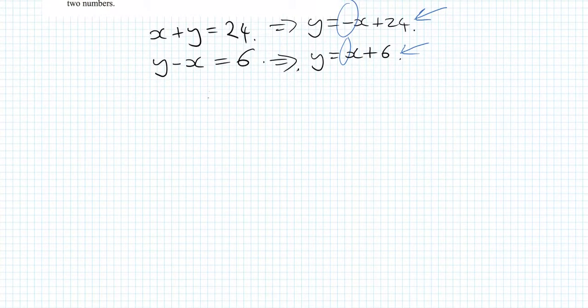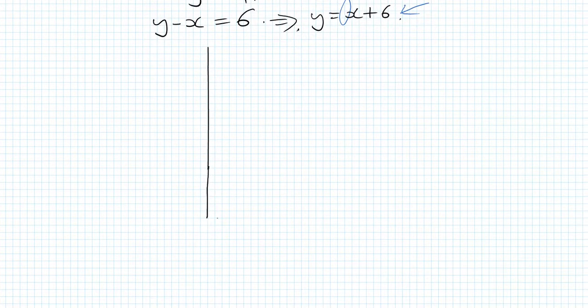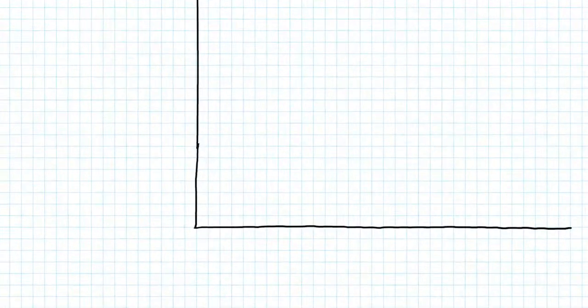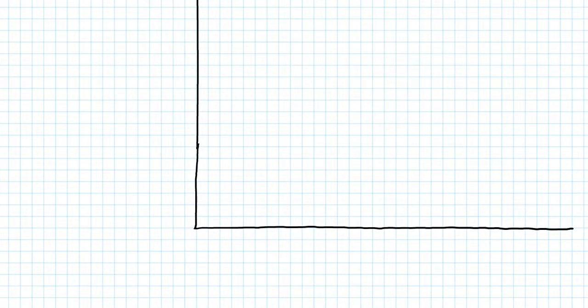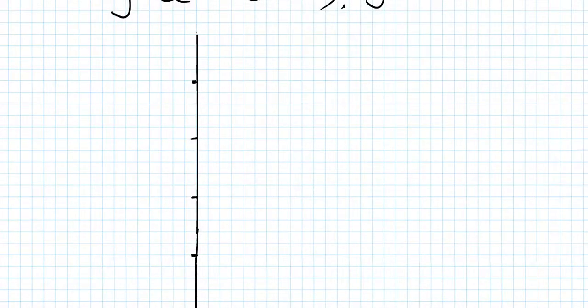So I'm going to go down, and I'm going to need to draw quite a long way here because I need to make sure I've covered at least 24. And I'm going to go across as well. We're only in that first quadrant. Let's mark a little dash every 5. 24, I've just got enough.